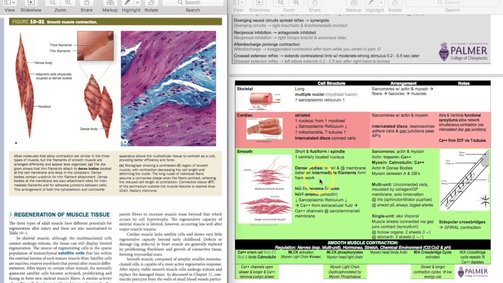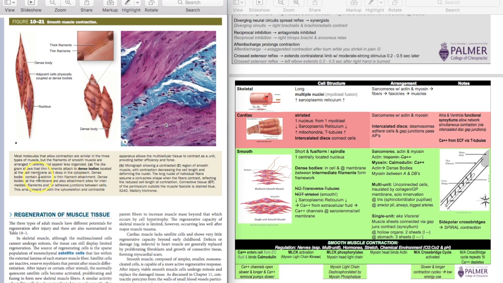It has these things called dense bodies in the cell, in the membrane between intermediate filaments. That's going to form a framework. In this picture, you can see these little blobby things are the dense bodies. The diagram shows that thin filaments attach to dense bodies located at the cell membrane and deep in the cytoplasm, inside the cell.